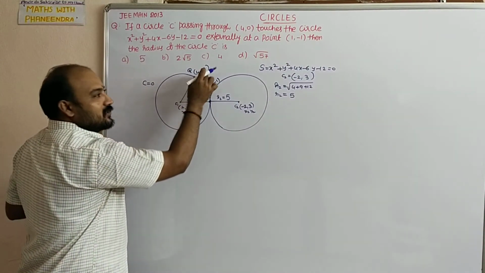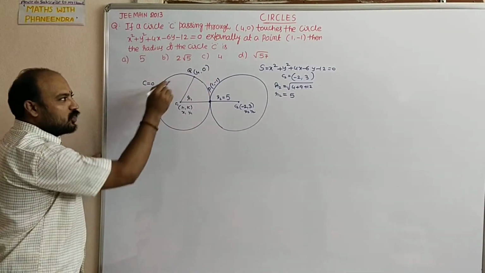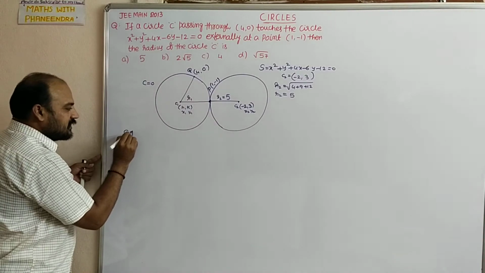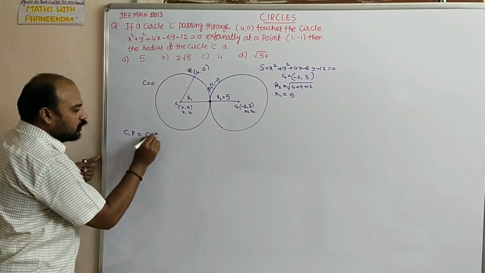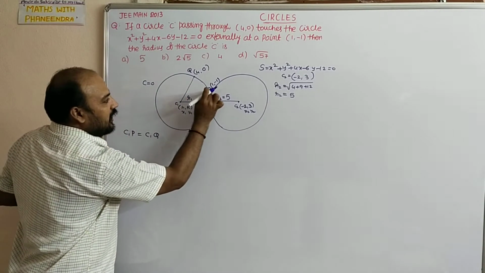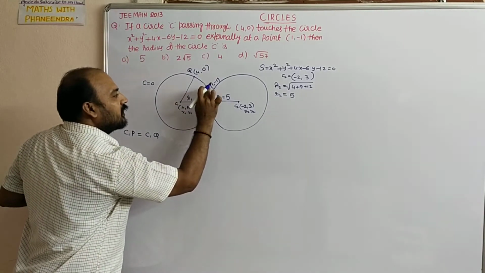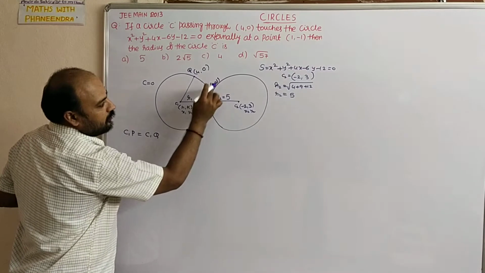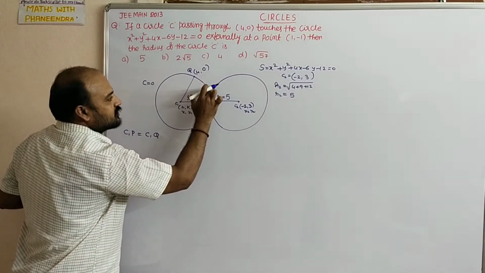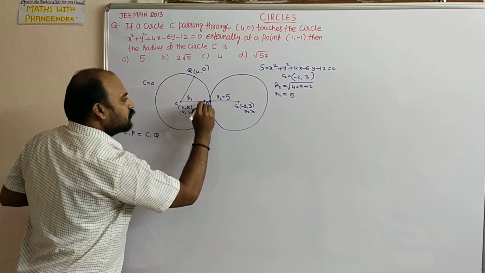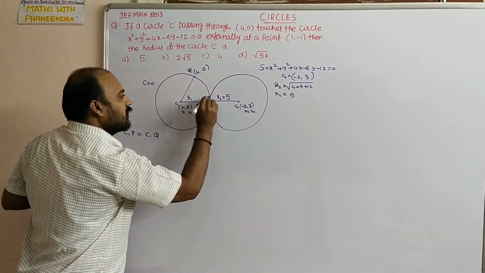Since the circle C is passing through Q, 4 comma 0, from the figure C1P is equal to C1Q. C1P, this is P mark here. Otherwise I will write here, better, 1 comma minus 1, easy to understand.